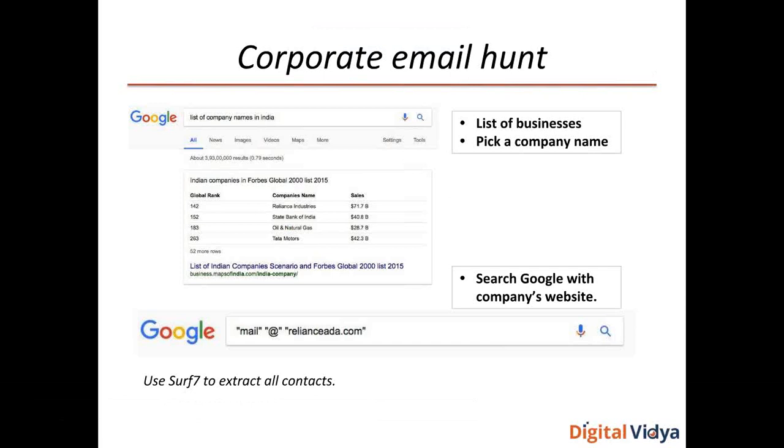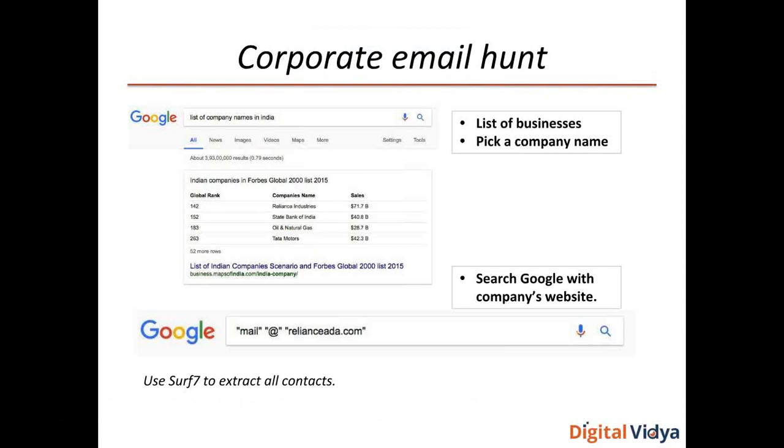Now, in the corporate email hunt, what happens is you get rid of LinkedIn, but you look for certain email addresses on the entire internet, because it is less likely that you won't find targeted people, even if the address does not come from LinkedIn, even if it comes from any other source.